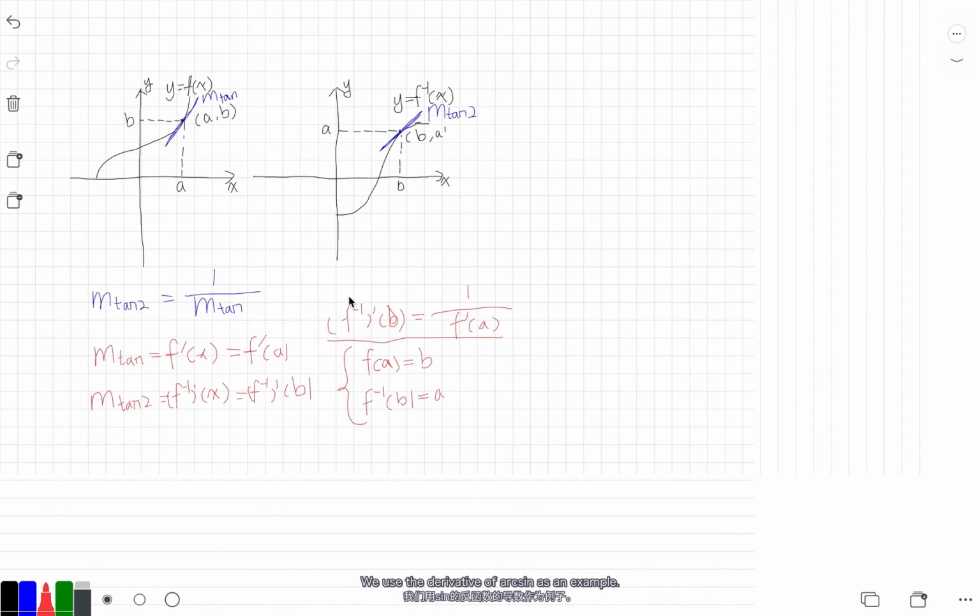We use the derivative of arcsine as an example. y equals arcsine x.